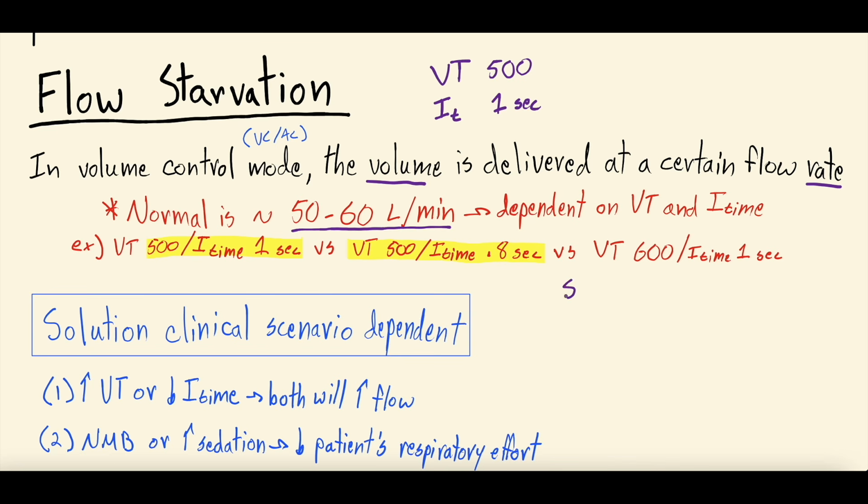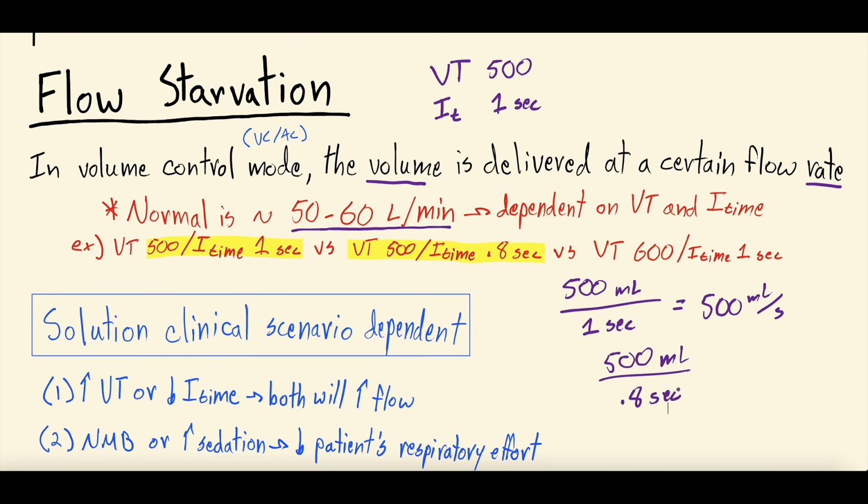So you're getting 500 cc's of tidal volume, right? So we'll say 500 milliliters over 1 second in that initial one. So this is going to be, you can see 500 milliliters a second of flow. Whereas if you did 500 milliliters of air over 0.8 seconds, let's see if I have anything near me that I can do math on.